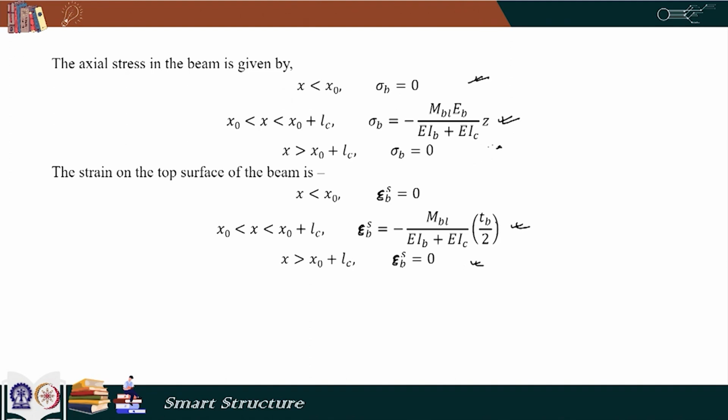And this is calculated here at the top part. So, if you want to be generic and write it in terms of any z, it is M_B by (EI_B plus EI_C) multiplied by z, and this is for the top surface, and this is for any z.